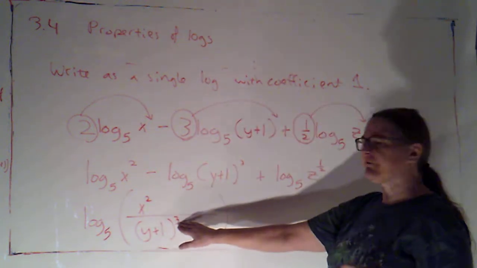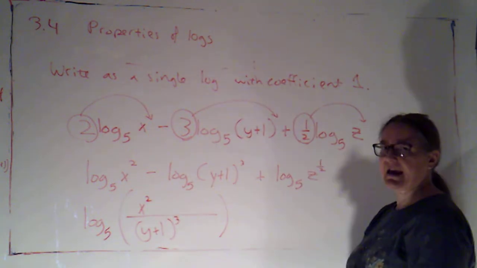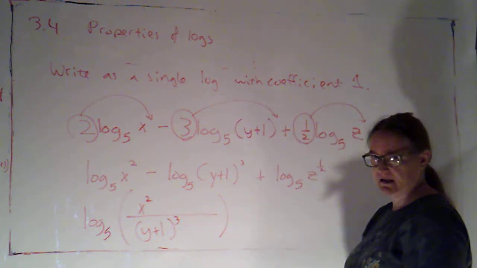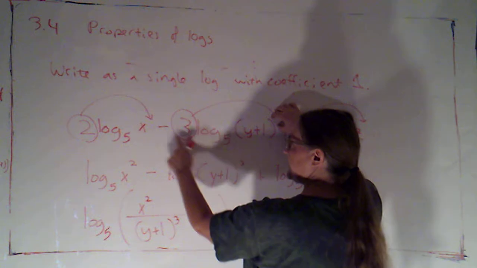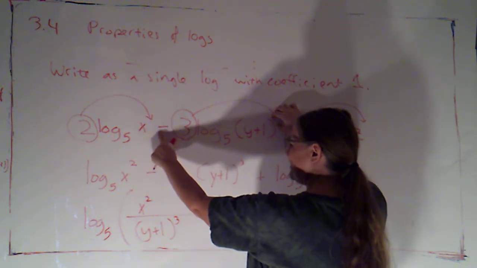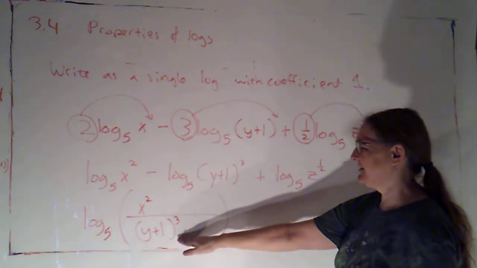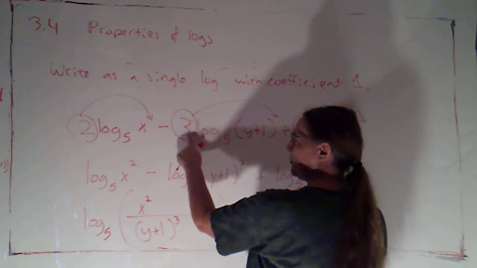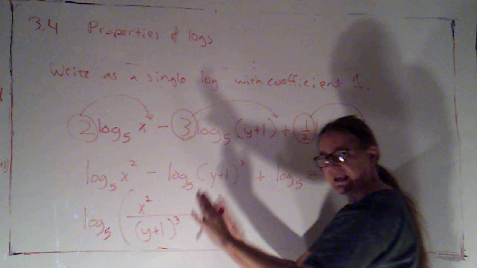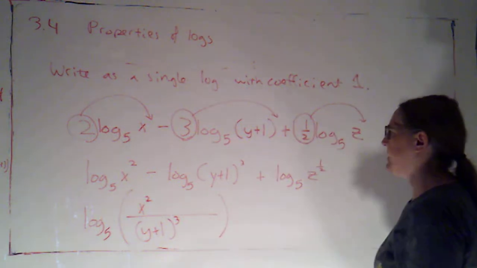And I should really never have a negative exponent in my final answer. So I could have, in theory, brought up the negative 3 and been adding that. But y plus 1 to the negative 3 would be y plus 1 cubed on bottom. So generally speaking, I'll bring up the absolute value, but I'll keep the sign down there. Okay.